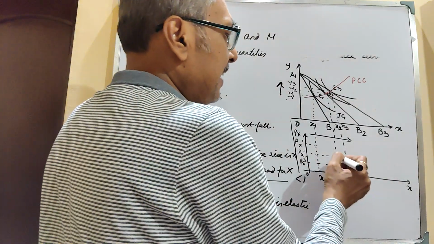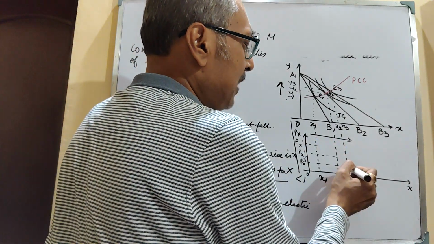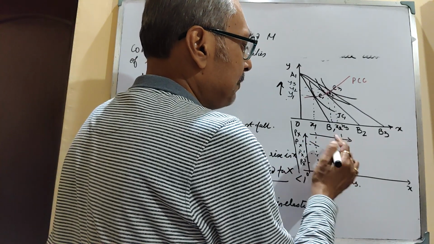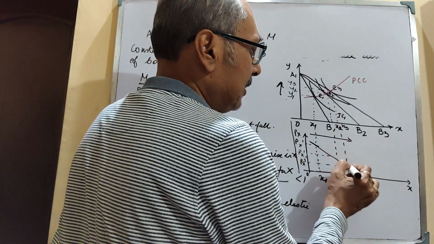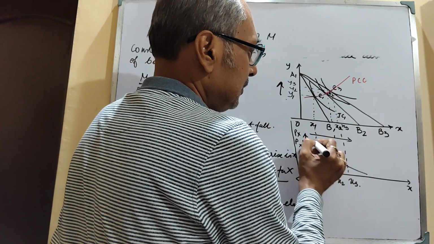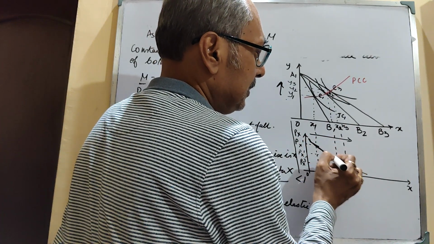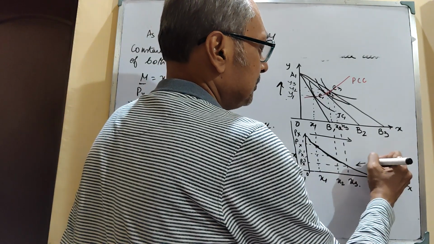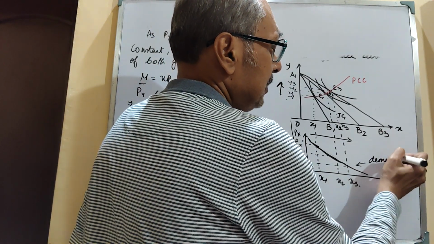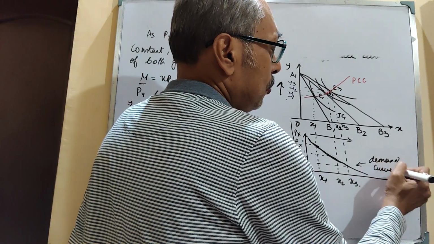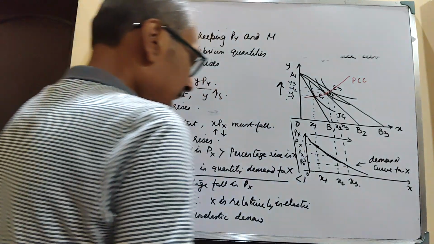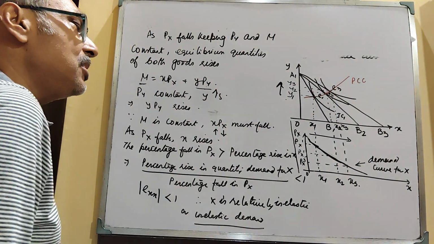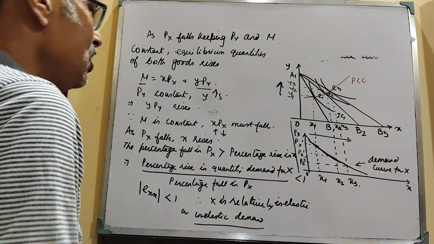Taking the locus of these points, we get the demand curve. This is the demand curve for X. X is relatively inelastic.